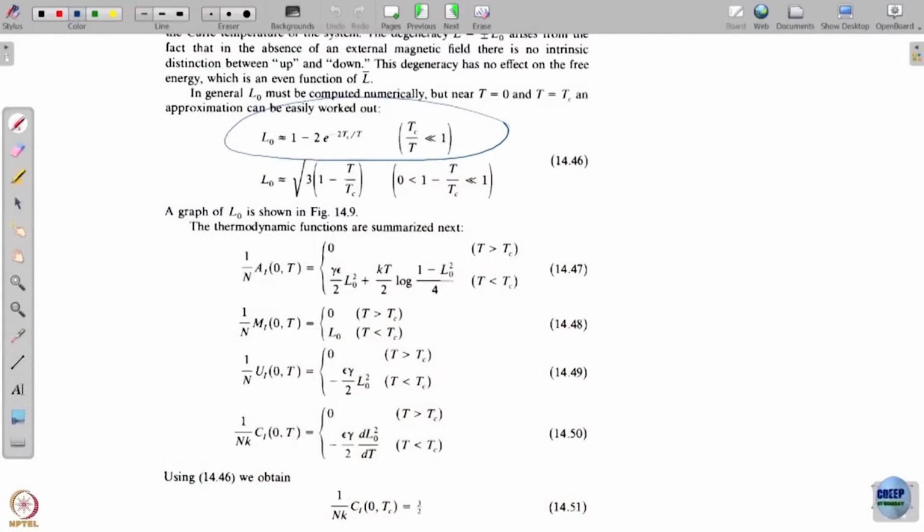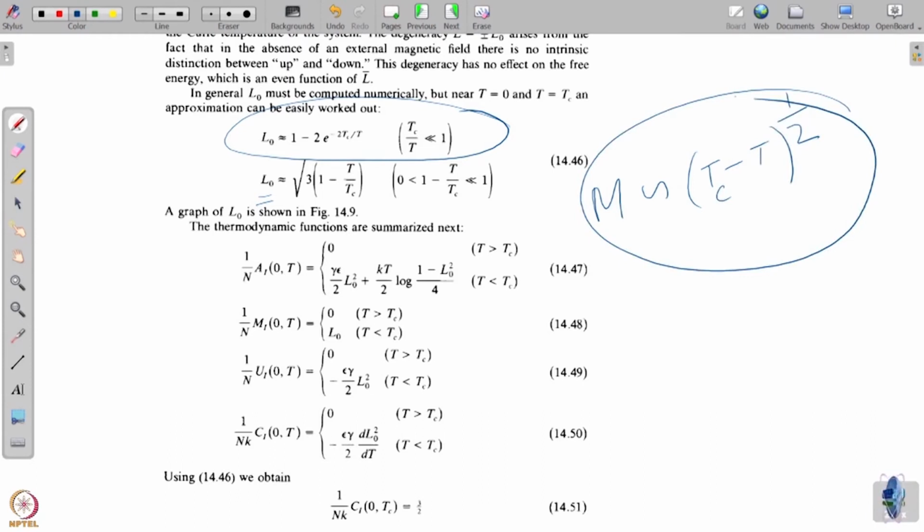Numerically this approximation for L naught behaves like that when you are away from the critical point, but very close to the critical point, the order parameter or magnetization behaves as Tc minus T to the power half.